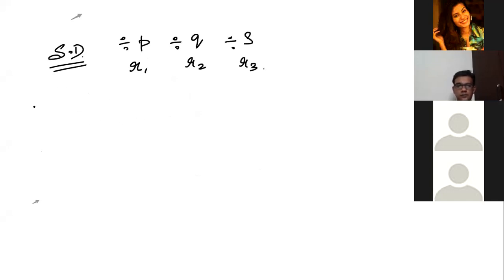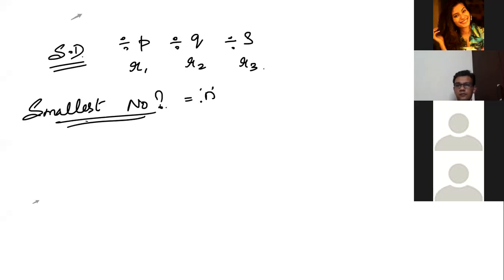Do you all know now how to find the smallest number? Type in a yes if you know how to solve it. Yes, you all know now how to find the smallest number.